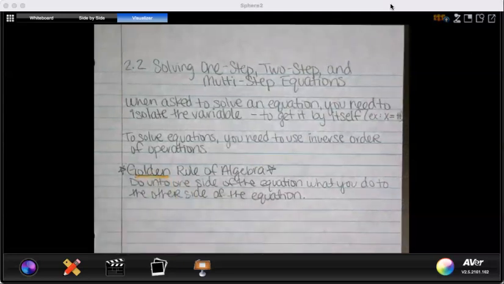So the golden rule of algebra: what you do to one side, you must do to the other side of the equation.